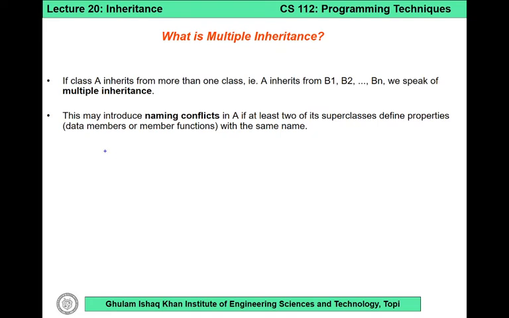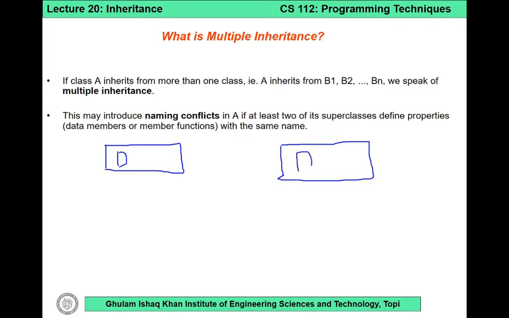For example, we have this base class, and this base class has a function, let's say a function d, right? We have another base class, and this base class also has a function d, right? And we have a child class. This child class says that okay, this is my base class and this one is also my base class, right? And this child class calls the function d, and this d function is not available in this child class. Now what will happen?